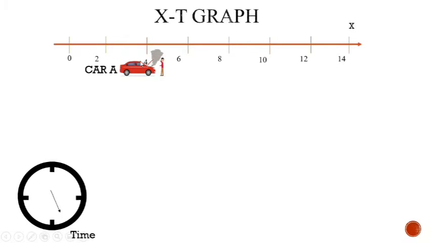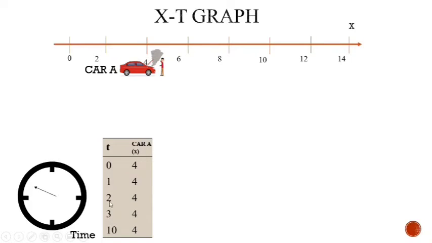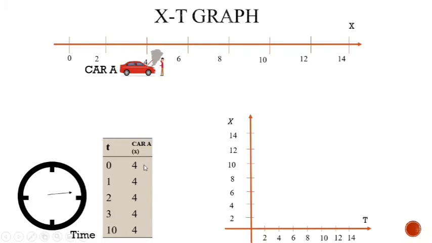Because this car is not working, it will remain at this particular position. To represent this phenomenon on the x-t graph, we can draw it like this. Because the displacement is at 4, it is going to be a horizontal line. Whatever may be the time, the displacement will be 4 always, because car A is not working. So this way we should be able to find the x-t graph for each case.